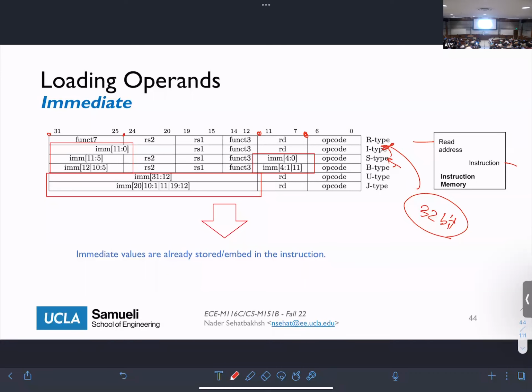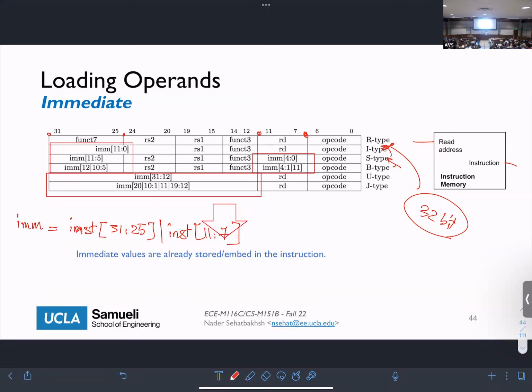Think about it in a C program. You would say that my immediate is a concatenation of instruction bits 31 to 25 with instruction bits 11 to 7, for example. But it's complicated because some of the bits are moved, so you need to do some bitwise operations to make sure that your immediate is correctly wired.